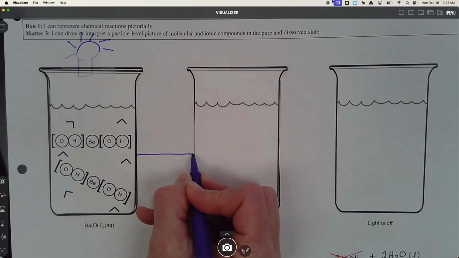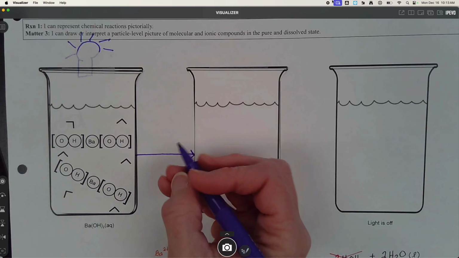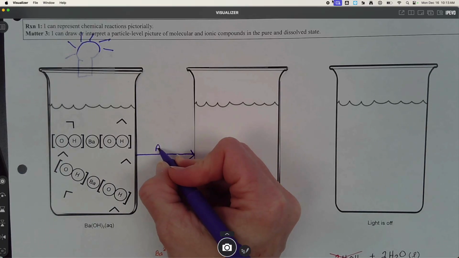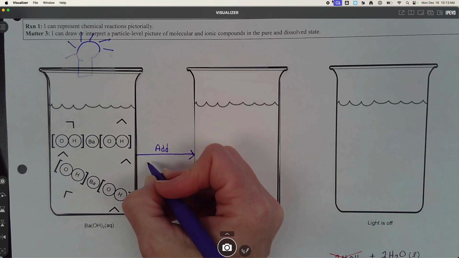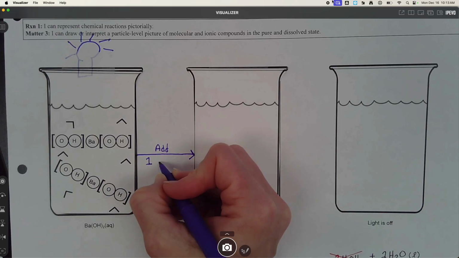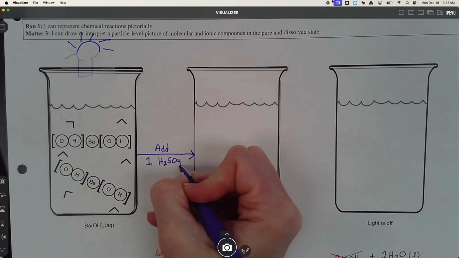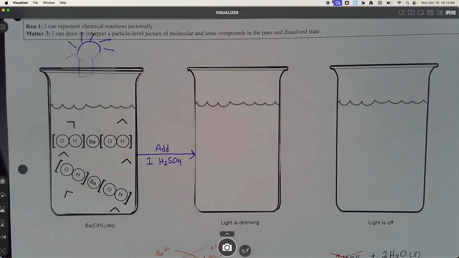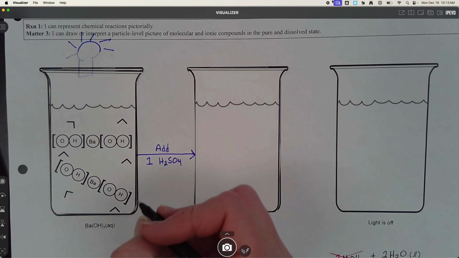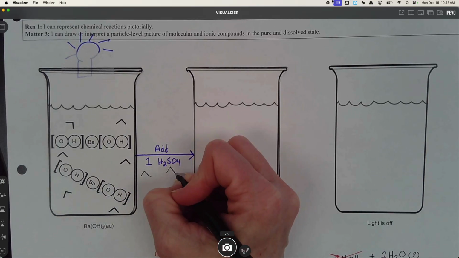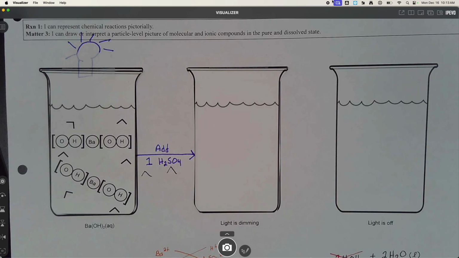We're going to do this one sulfuric acid particle at a time. So I'm going to add one H2SO4. Now that H2SO4, because it's aqueous, also comes with a couple of water molecules along for a ride. So we'll throw those guys in as well.